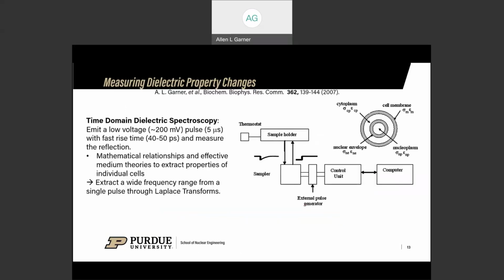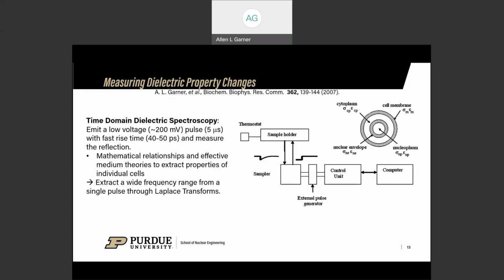To understand the physics, we need to be able to characterize these properties. In other words, if we want to use modeling, we need to understand how these permittivities and conductivities behave. One of the ways you can do this is through a technique called time domain dielectric spectroscopy.